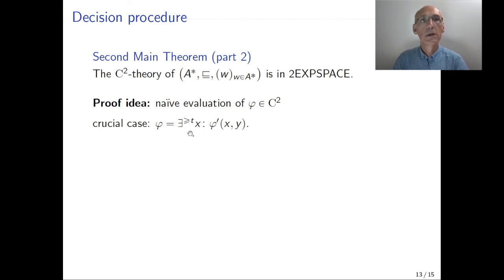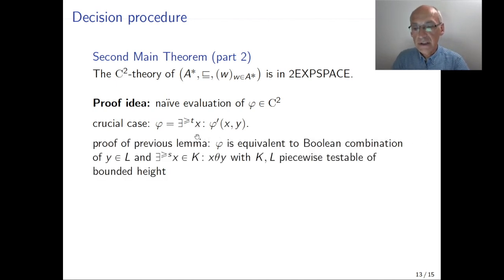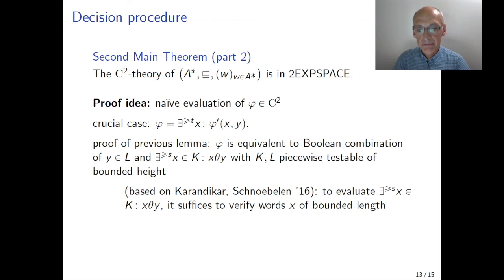For this we would have to consider every word, but there are infinitely many. So here we have to do something, and if we look into the proof of the previous lemma, then we see that phi is equivalent to a Boolean combination of formulas y belongs to L, and there are at least as many superwords, subwords, etc. of y in K. And now we look at a result by Karandikar and Schnoebelen, extended slightly, but essentially it's their result.